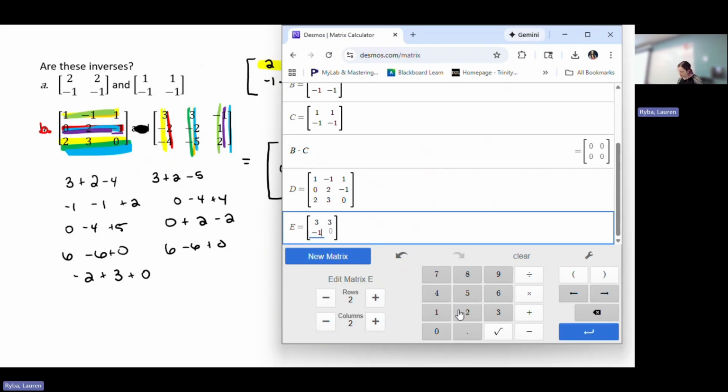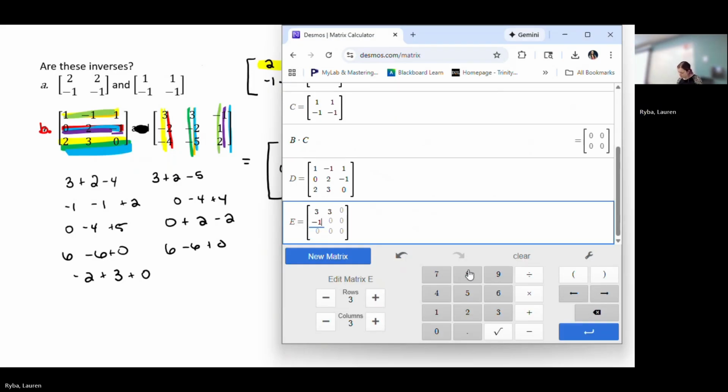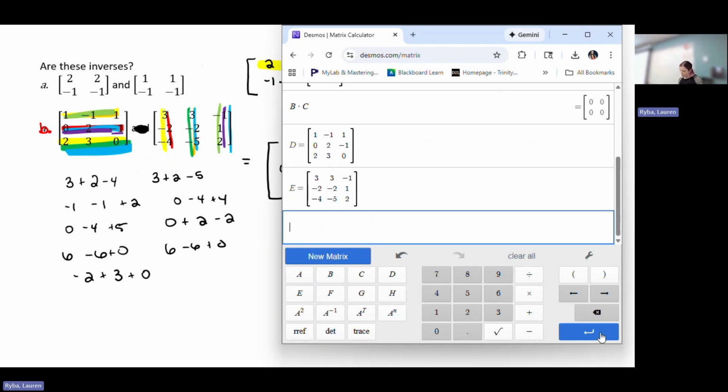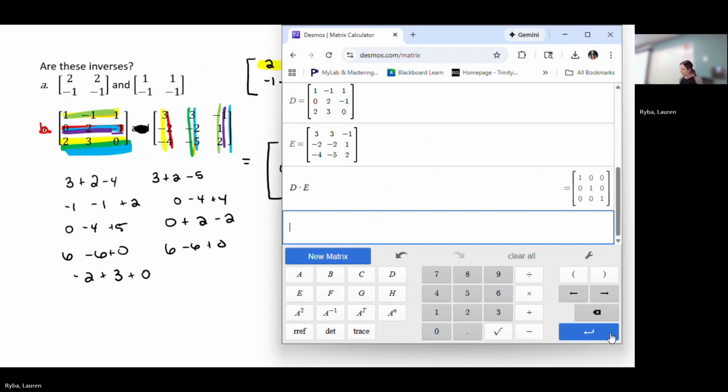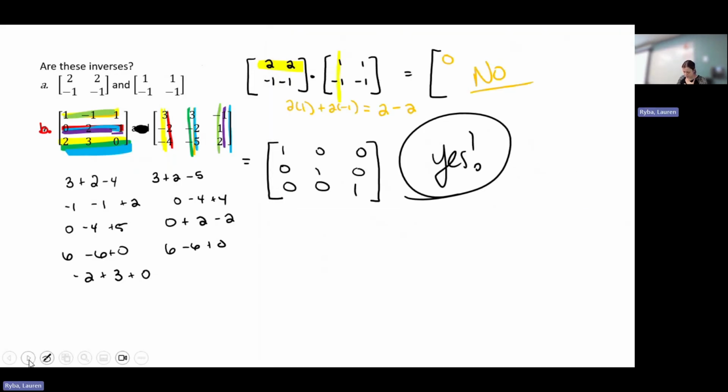Oops, 3, 3, -1. -1 there. Then -2, -2, 1, -4, -5, and 2. All right, so I can check. B times E gave me the identity.